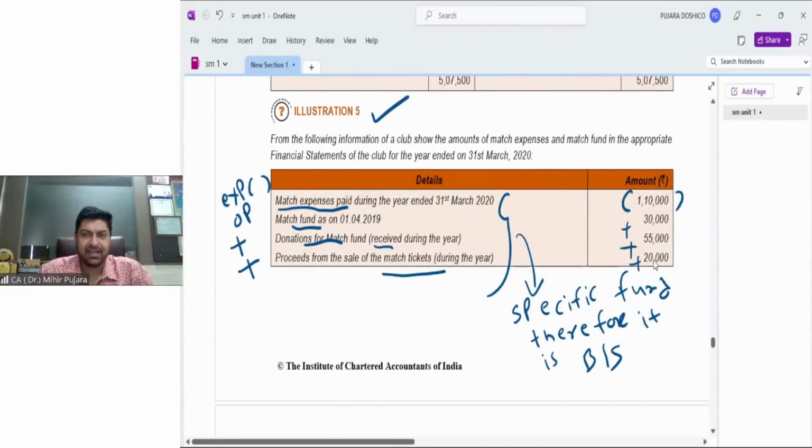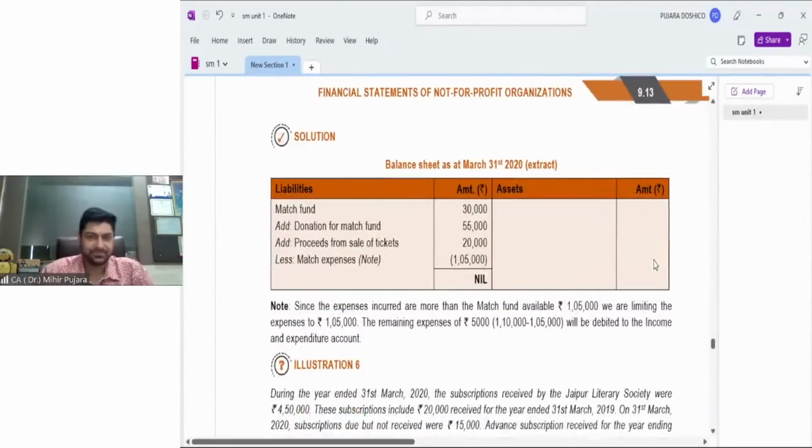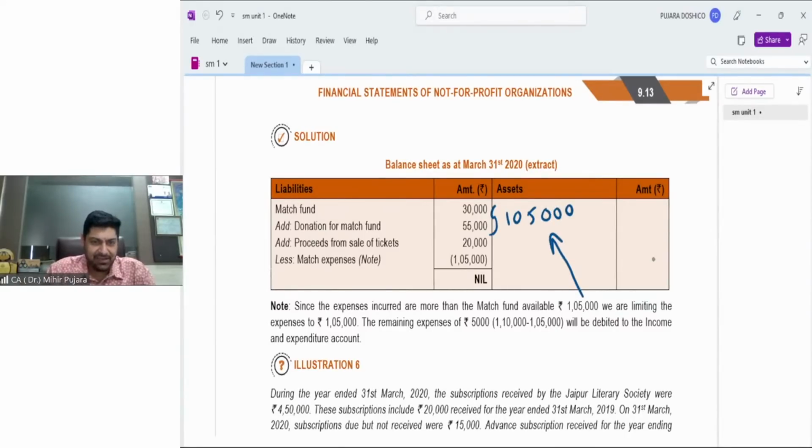$30, $55 and $20. $30, $55, so it is 1,05,000, right? So remaining 5,000, our total expenses 110 will be debit to the INE, right?